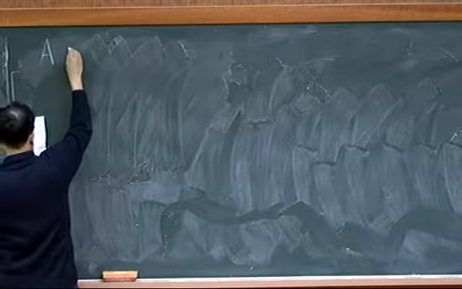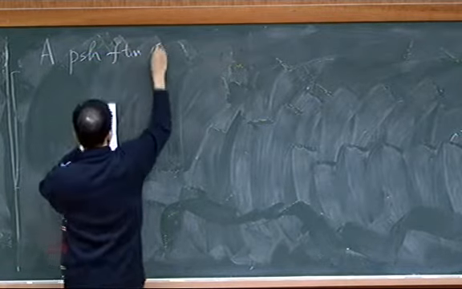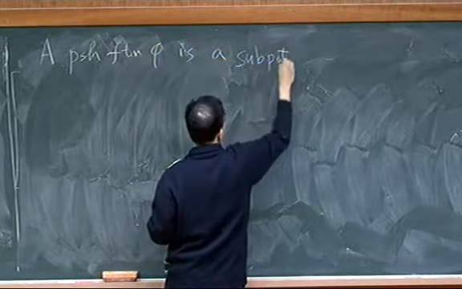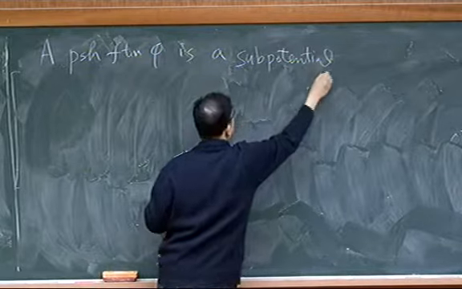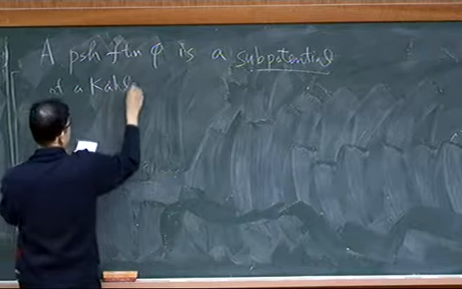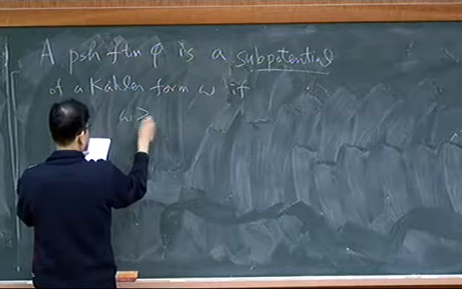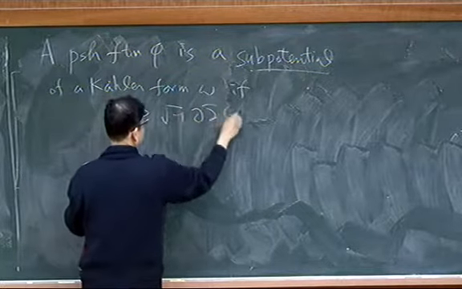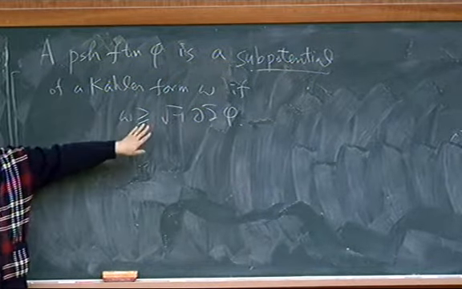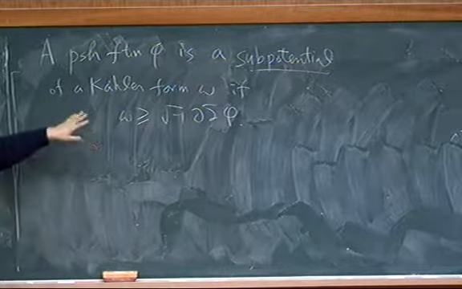A plurisubharmonic function phi is a subpotential of a Kähler form omega if, instead of equality, you just require that it's an inequality. So this is subpotential.